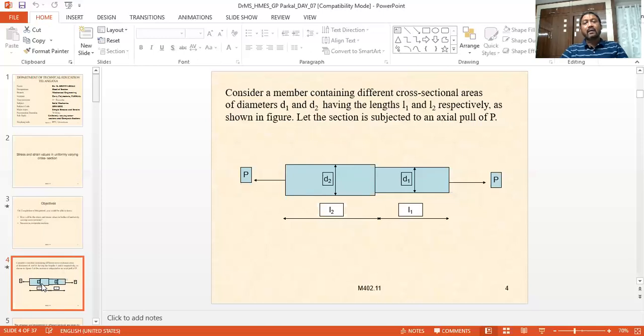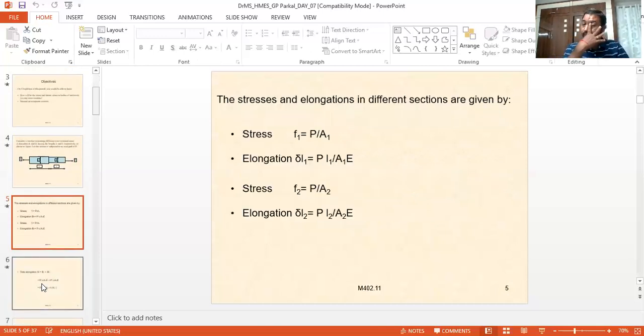Now let this member be subjected to an axial pull of P newtons. Here, as the bar has different cross sections, the stresses developed in the bar are different at the two sections, and accordingly the elongation is also different at the two sections.